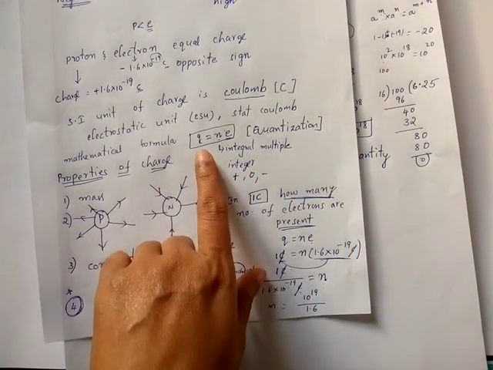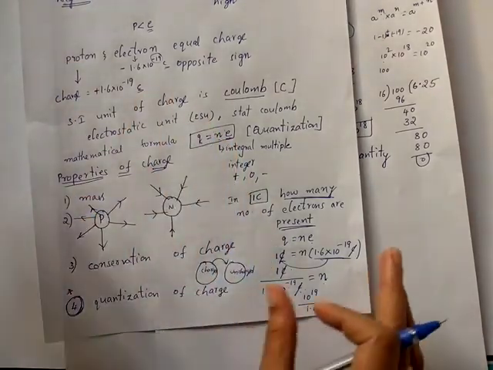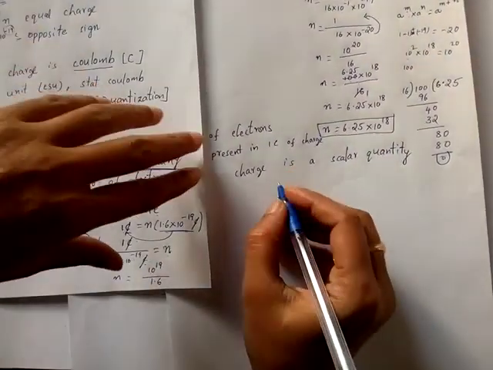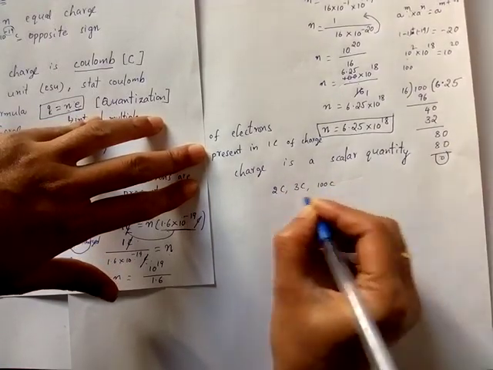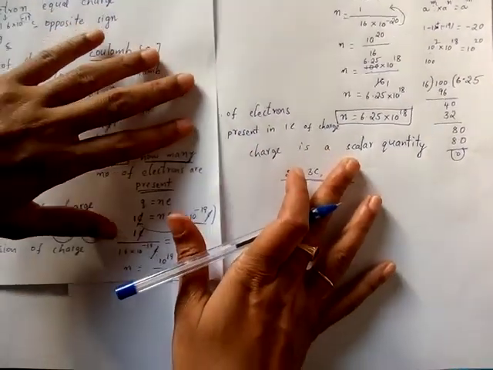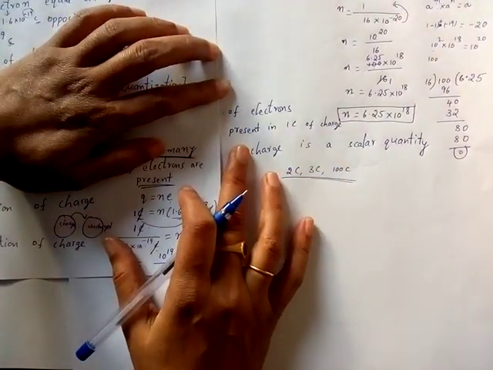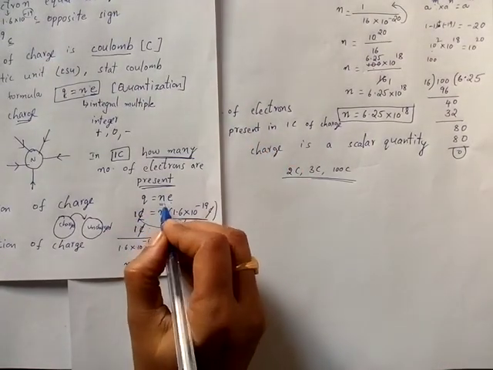So generally they ask, in 1 coulomb of charge how many electrons are present. In the same way you can do for 2 coulomb of charge, 3 coulomb of charge, 100 coulomb of charge. How much ever they give, you have to use the same procedure. Understood? Only this n will be changing, it is the variable.